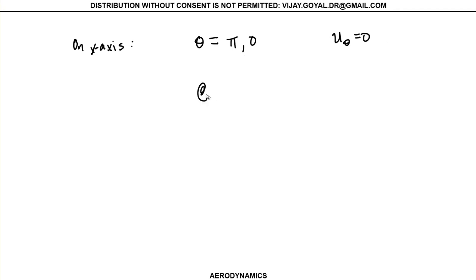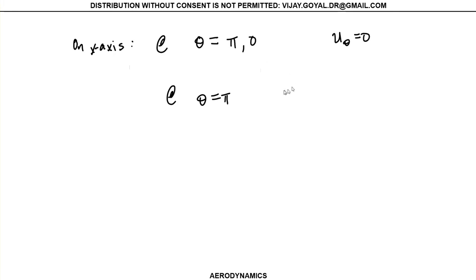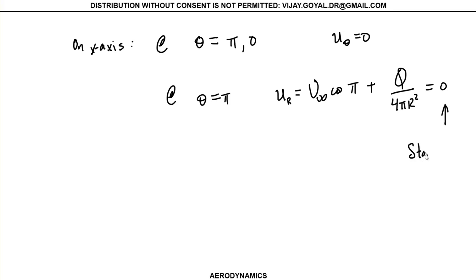Now at pi, because I'm interested in this location right here, theta equal to pi, you can see that your U r becomes the following: U infinity cosine of pi plus Q over 4 pi r squared. And at stagnation, this has to be 0 because we want to find the Q at the stagnation point.